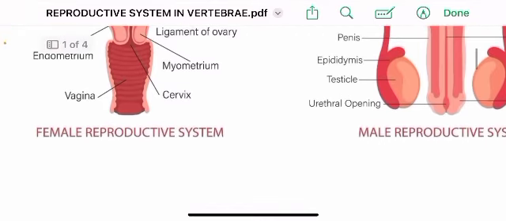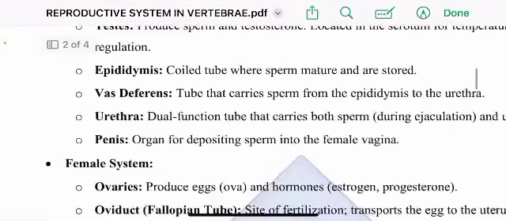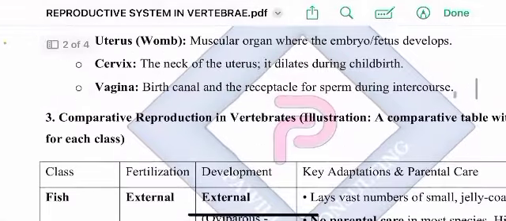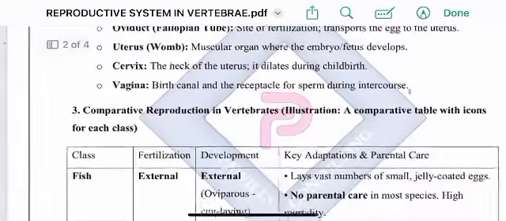It expands during childbirth. It dilates during childbirth. The vagina is the birth canal and the receptacle for sperm during intercourse.